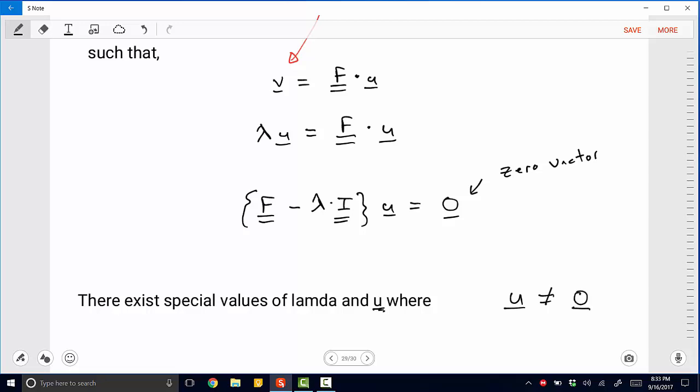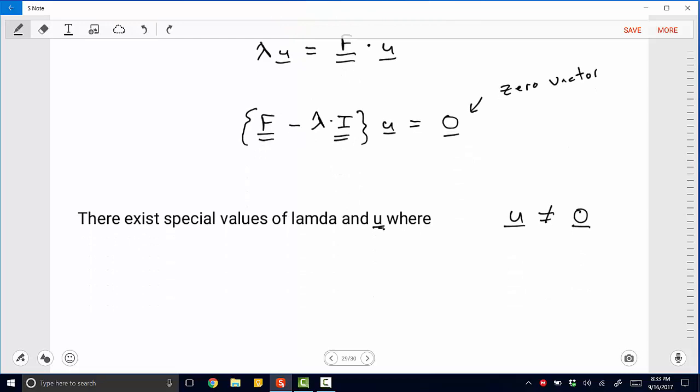So there actually exist special vectors where u itself does not equal 0. And there's a relationship between this and this that produces that 0-valued vector, not just u itself, the actual terms in it being equal to 0.